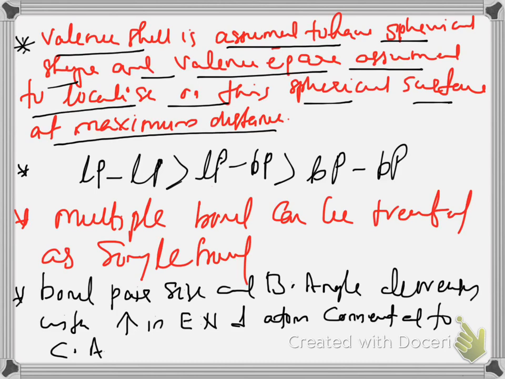So lone pair-lone pair repulsion is highest, which is greater than lone pair-bond pair, and the weakest repulsion is bond pair-bond pair.